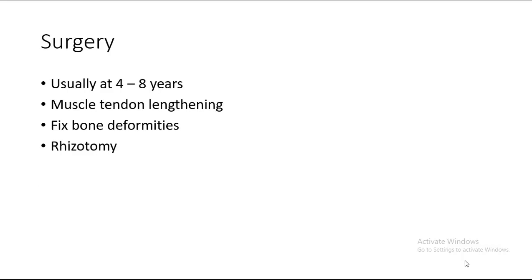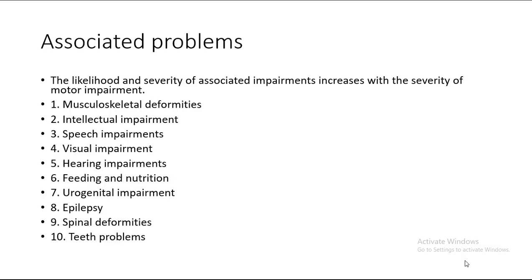Surgery can be performed, especially at age of 4 to 8 years, like muscle tendon lengthening, fixing bone deformities, rhizotomies. Those children, in addition to the motor problem, tone, and posture, may have other associated problems: musculoskeletal, intellectual, speech, visual, hearing impairments, etc. Epilepsy, that's why we may send those children for EEG and prescribe anti-seizure medications.